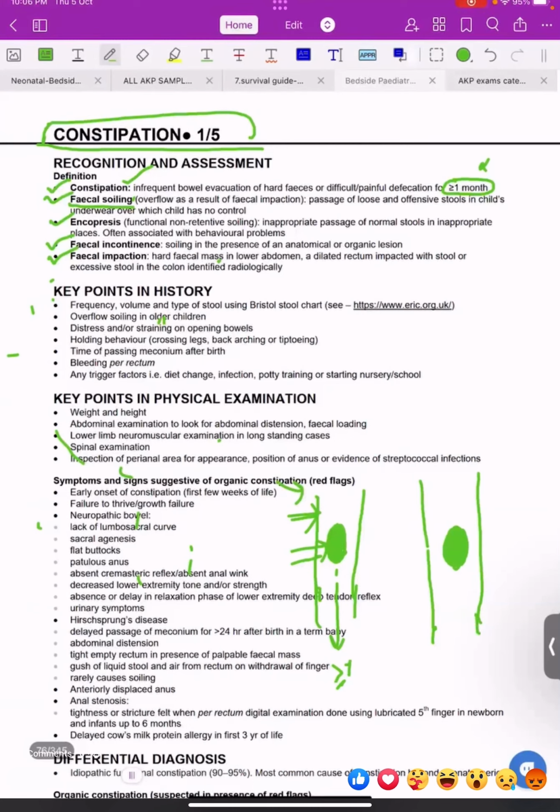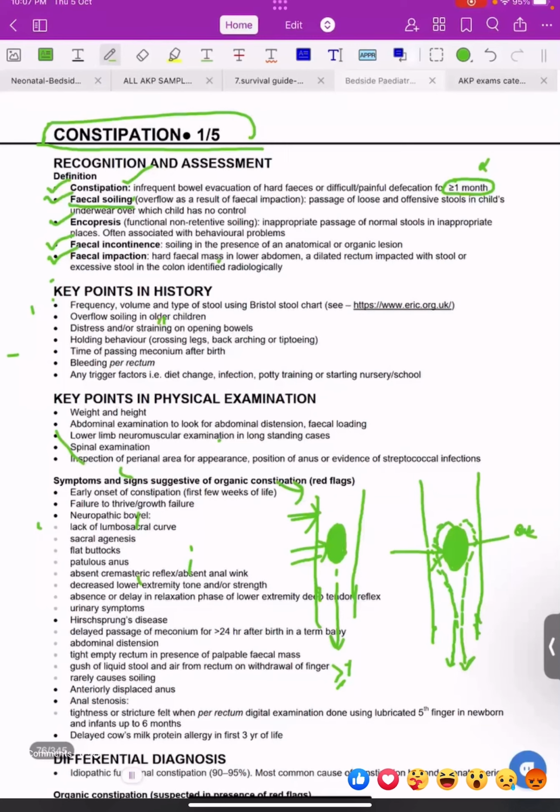Due to this obstruction, the loose stool, this loose form of the stool, has overflow from the intestine of the child, and this is known as fecal impaction. Here, what is the problem? The stool is not normal. It is abnormal, hard stool, but the stool that is being passed out is loose stool. So what is the main reason here? This fecal impaction is the reason here. Okay.